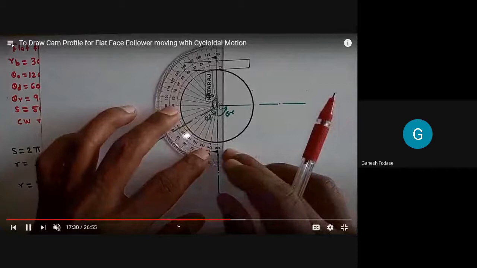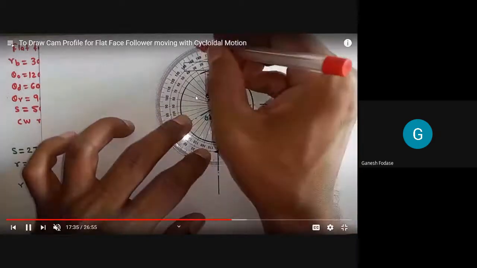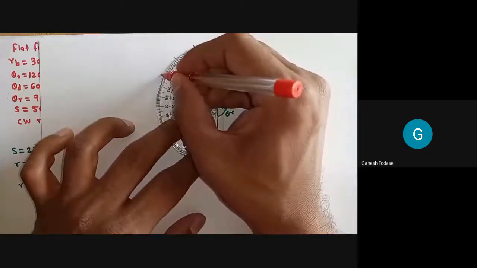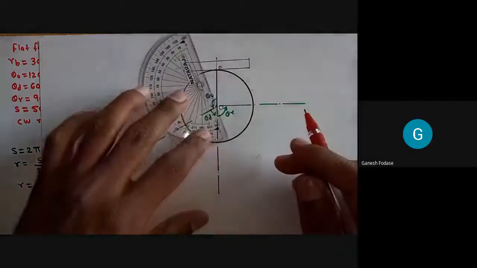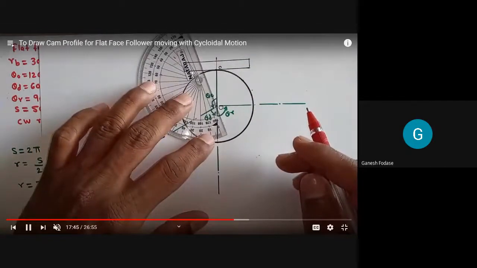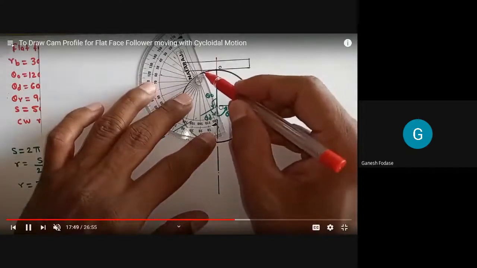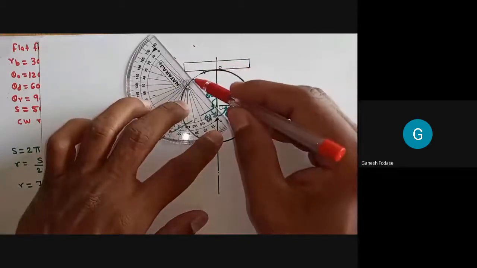Okay, now see. So 120 degrees into 6 parts, each division is equal to 20 degrees. So we divide into 6 parts for rise. Now we just join the divisions, and we know that if it is not a roller follower, then we need to mark the divisions on a base circle.